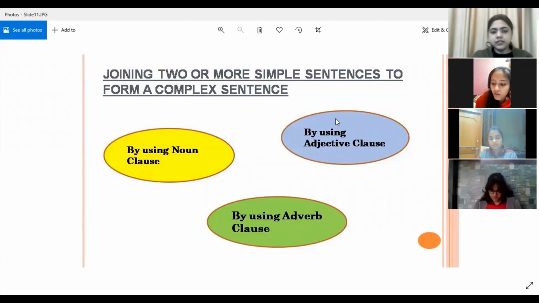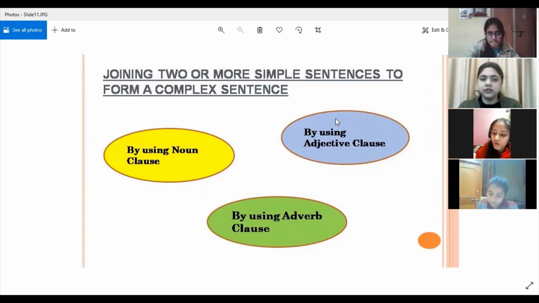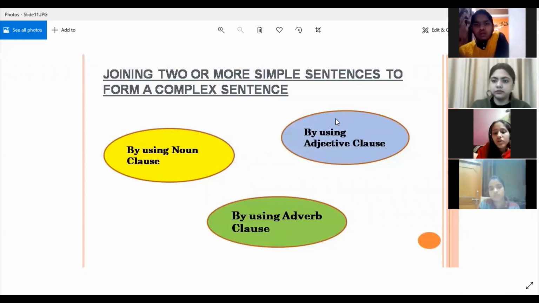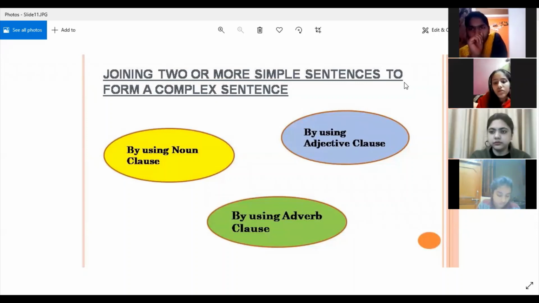So before starting with the synthesis, let me see how many of you remember what complex sentences are. Quickly. Yes, Sudhanshu, what is a complex sentence? Ma'am, joining the coordinating conjunction to form a sentence.